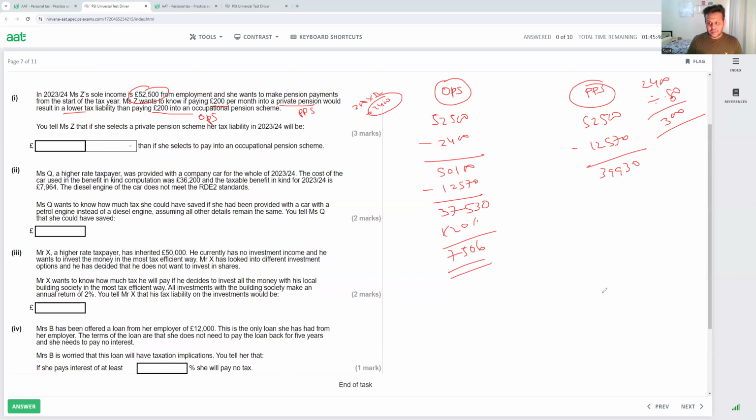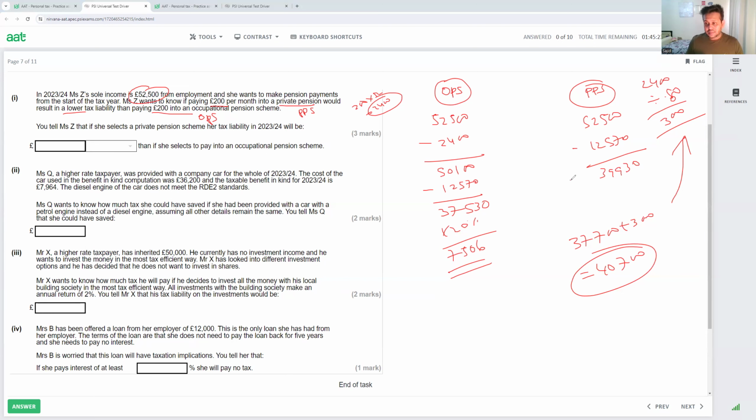This is my income. So I need to see how much tax I need to calculate. My normal basic band is 37,700 plus 3,000 because of the PPS. So now I will have 37,700 plus 3,000, that's 40,700. So up to 40,700, I will only pay 20% tax.